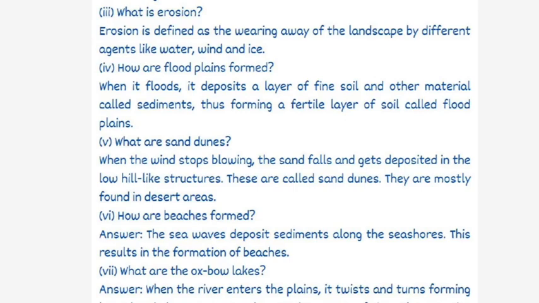Sub-question 4. How are floodplains formed? Answer.